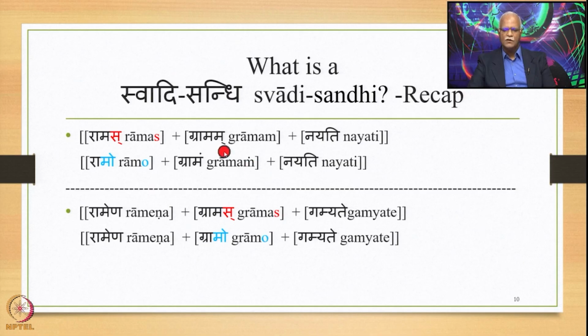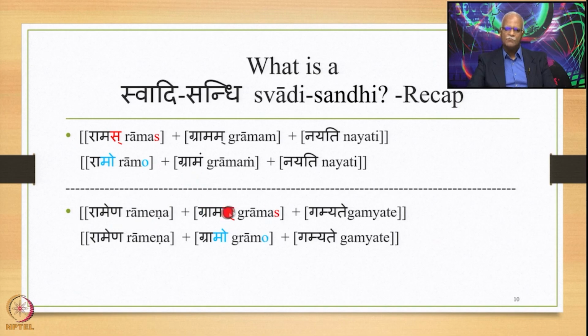As you note, this ma is substituted by an anuswara because there is a hal that follows. So Ramam Gramam Nayati consists of this sandhi which is called the swadi sandhi. This sandhi is not pertinent only to the swadis, it is a general sandhi, and that is why it is not categorized under swadi sandhis.